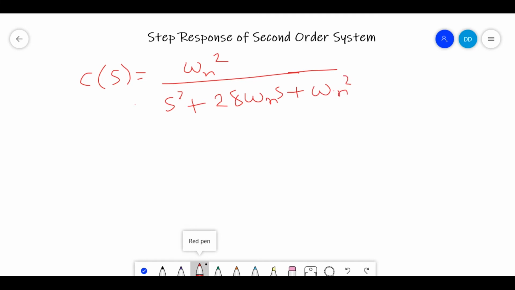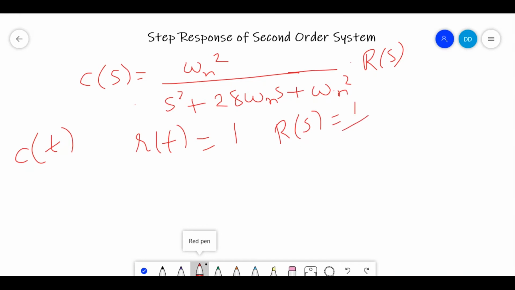We have to find the response in time domain, which is C(t). R(t) is 1 for a unit step input. Therefore, R(s) is equal to 1 by s.